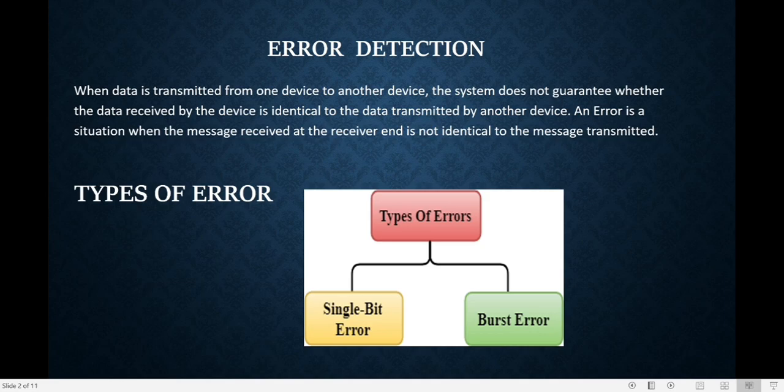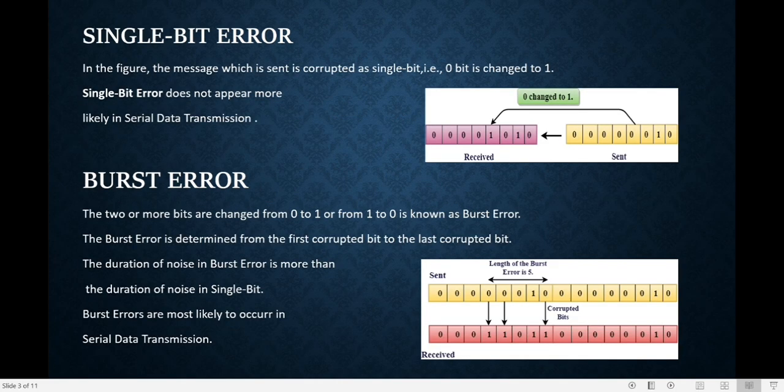And to detect this error is known as error detection process. In computer networks, errors are basically of two types. Those are single bit error and burst error.